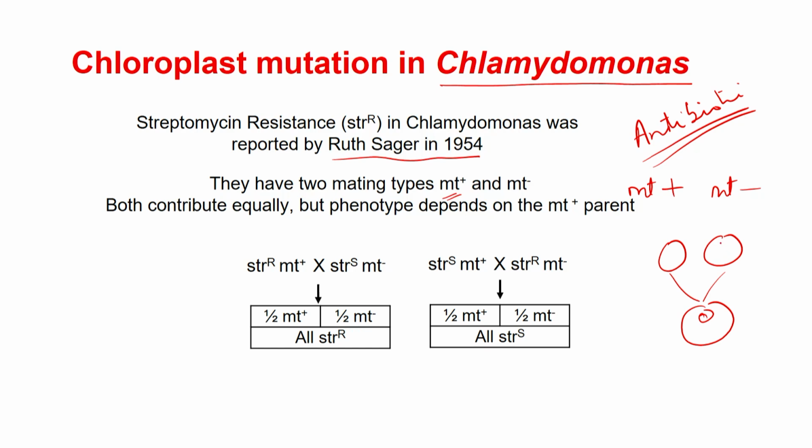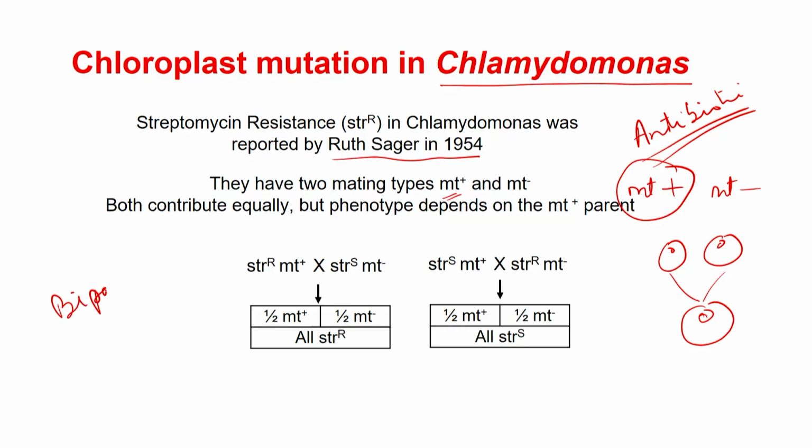You have equal contribution from both these cells, however, the phenotype will depend upon the plus strain. Mitochondria coming from the plus strain will again dominate the phenotype. So, though you see biparental inheritance, still the phenotype depends only on the plus strain.